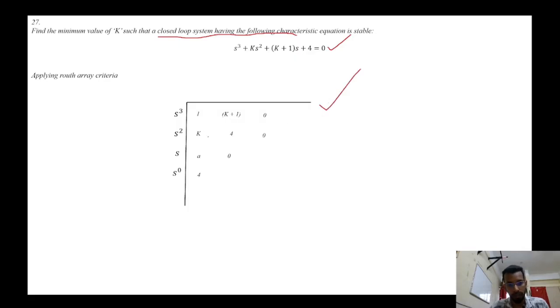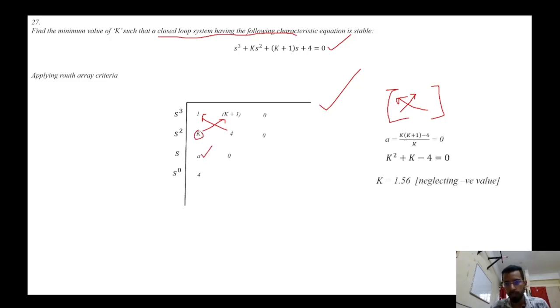In the Routh array, what we did in a matrix, we all know that in a matrix we go from here, this into this minus this into this. But in the Routh array we go this into this minus this into this. So suppose after multiplying k into k plus 1 minus 4 divided by k, we get the value A. So A is k into k plus 1 minus 4 divided by k.